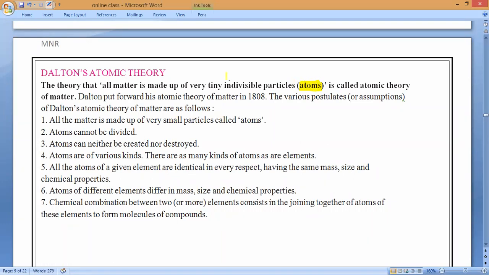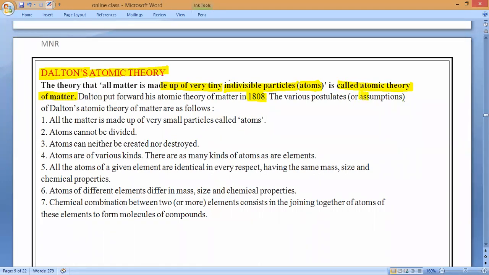So the theory that all matter is made up of very tiny indivisible particles is called the atomic theory of matter, which is proposed by Mr. Dalton. That is why it is called Dalton's atomic theory. This theory was given by Mr. John Dalton in the year 1808.